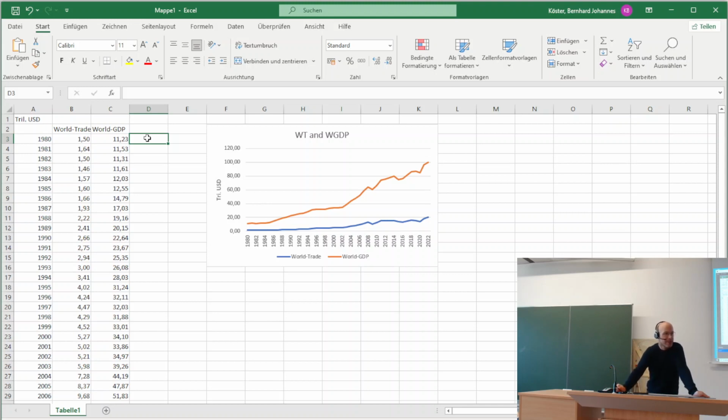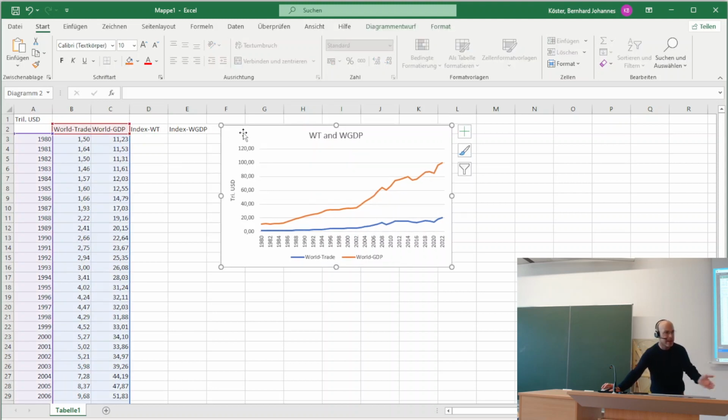So what we can do is set both time series at the starting point in 1980 to 100, and then just move onwards relative to this number of 100. So this would be the index of world trade and this index of world GDP.